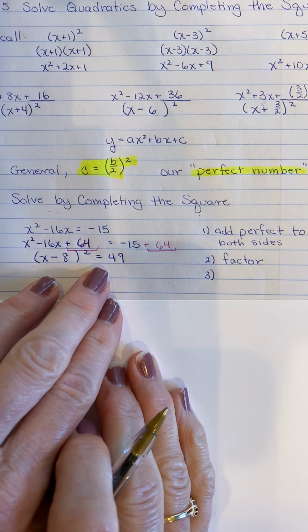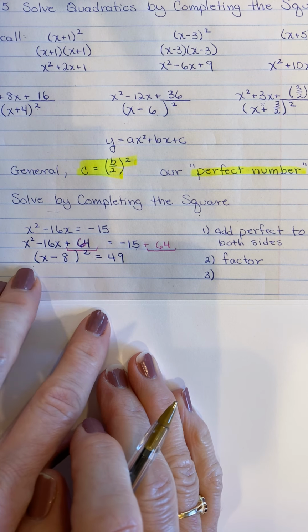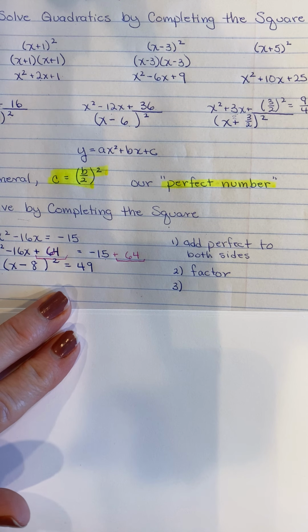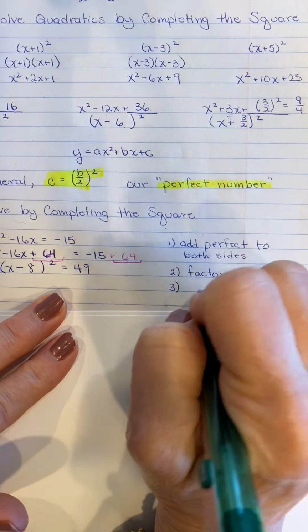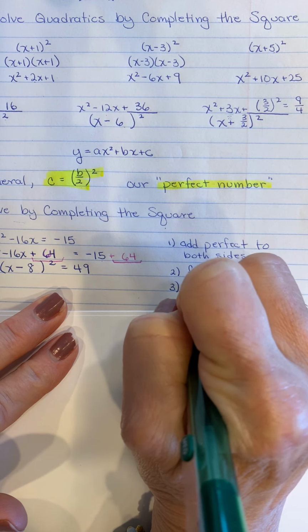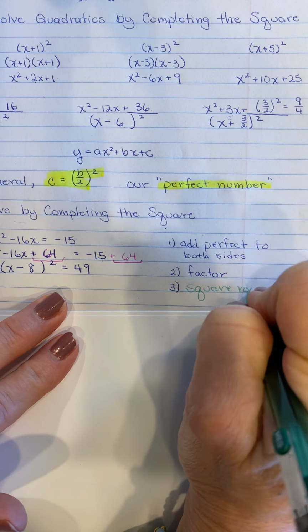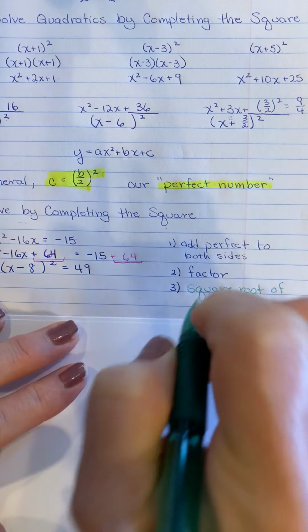We do the same thing here. We can square root both sides. So this is step number 3. Let me put it in a different color. We're going to take the square root of both sides.